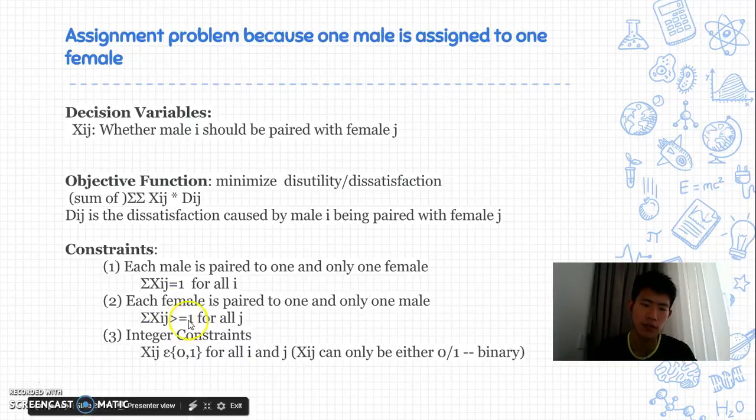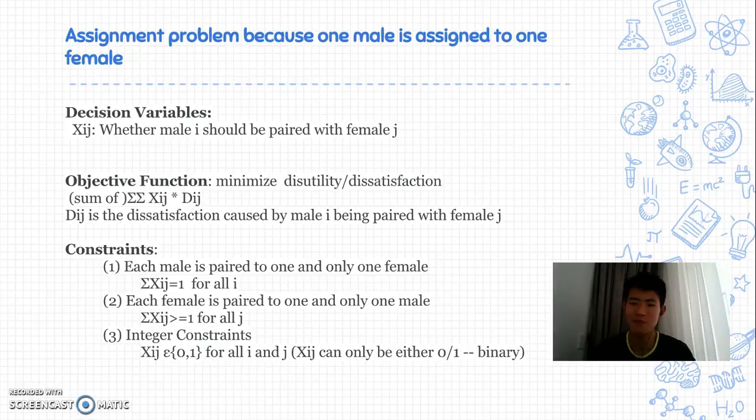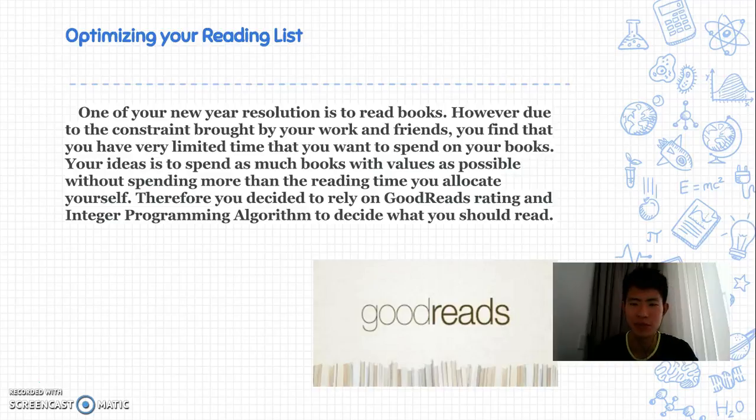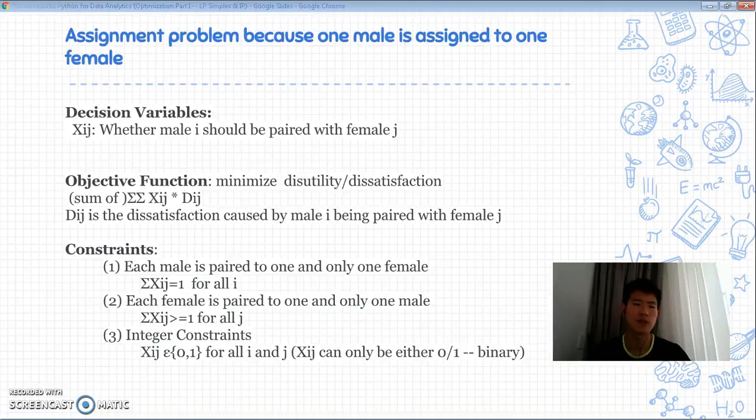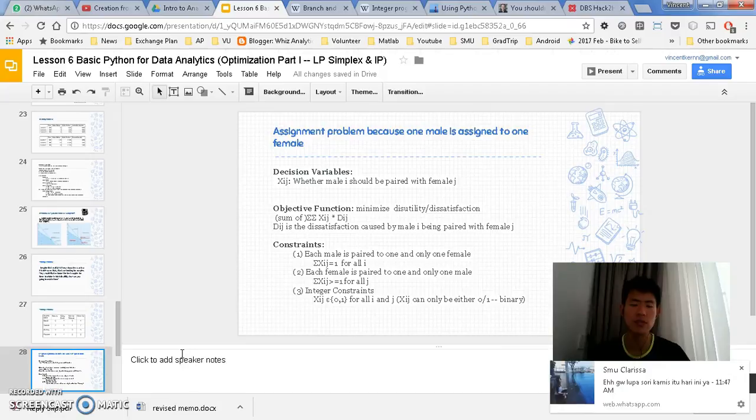So this has to be equal to 1. And in the constraint, x can be 0 or 1. You couldn't be like 0.5, where you say, I pair up with you but I don't pair up with you at the same time. You couldn't do that. So only 0 or 1, which is integer, binary to be precise. All right, so now let's go through the Excel sheet.